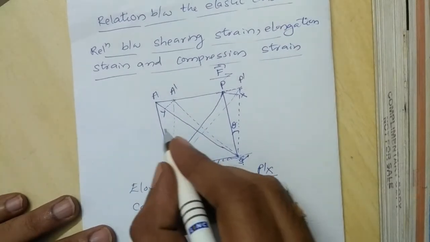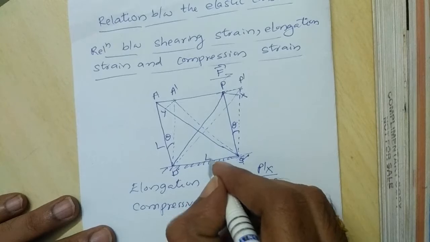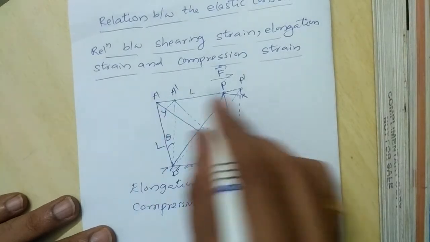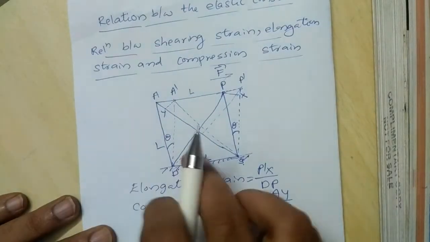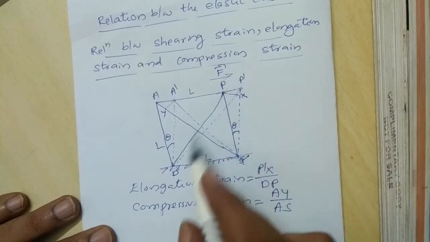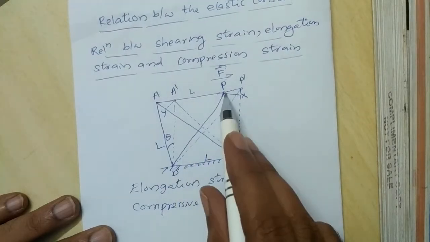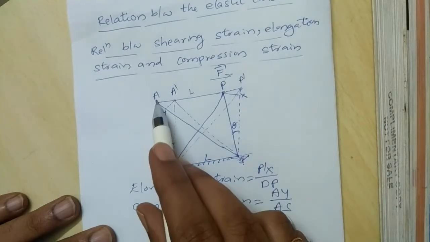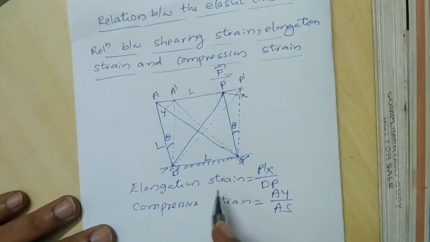Now say the length of the cube is L units. So what is this DP? I have the term, elongation strain is equal to P dash X divided by DP. So what is DP? As per Pythagoras theorem, DP square is equal to DA square plus AP square.